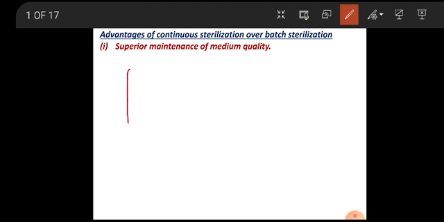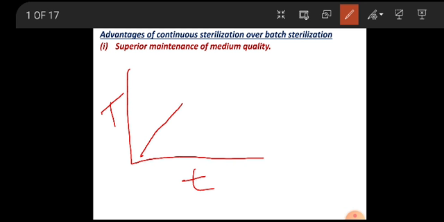So it is like this. If this is a graph of temperature versus time, and the medium is exposed to the sterilization temperature, then what happens during batch sterilization is that the temperature increases along with time until it reaches a definite temperature, say for example 121 degrees Celsius.